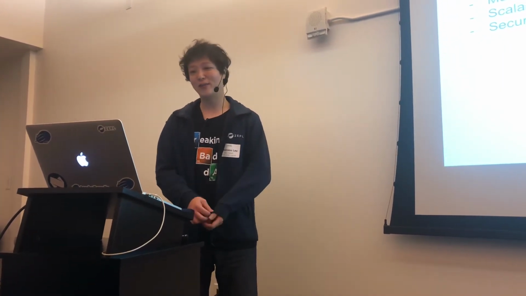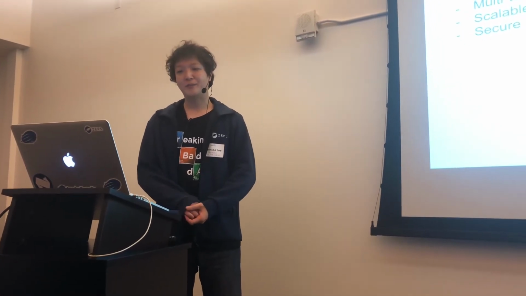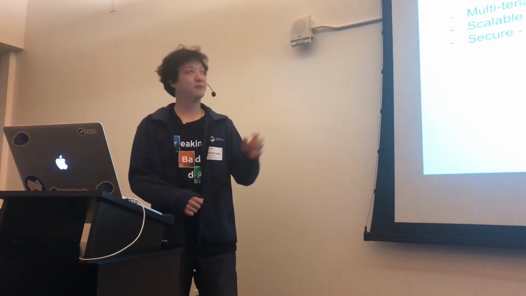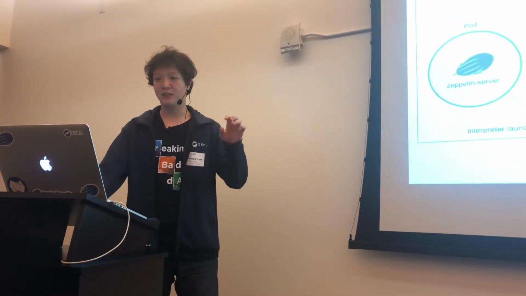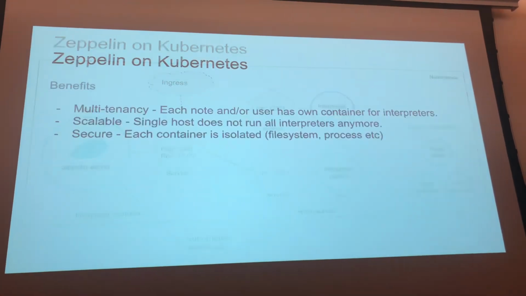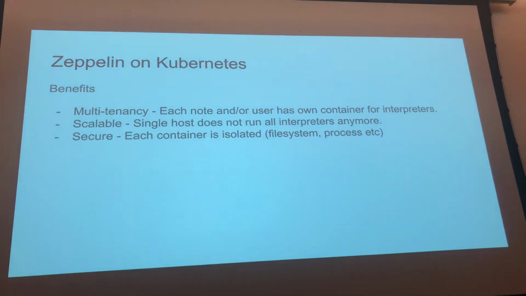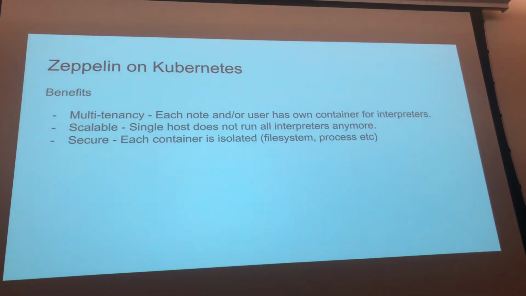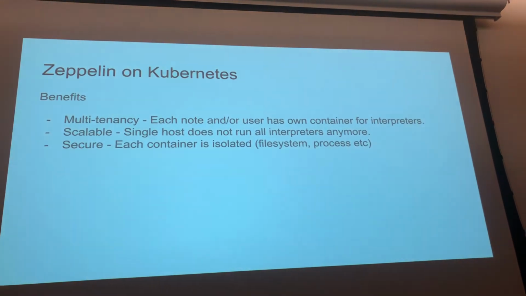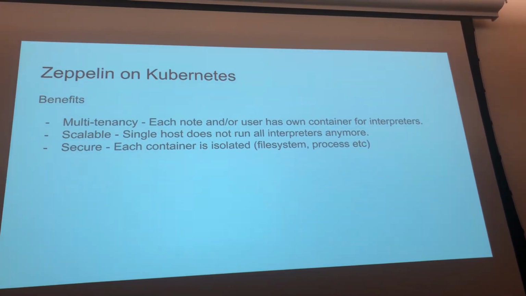That's also one scenario that I'm seeing a lot. So if the interpreter is running inside a pod, it provides multi-tenancy and isolation, right? It helps users get better stability, and I think overall a better experience with the software.